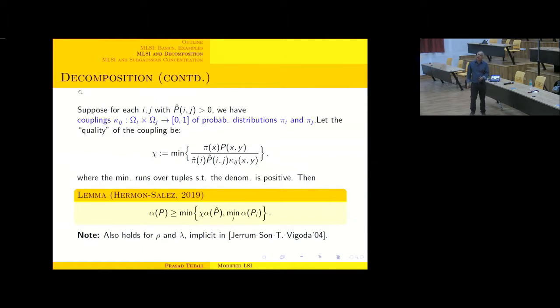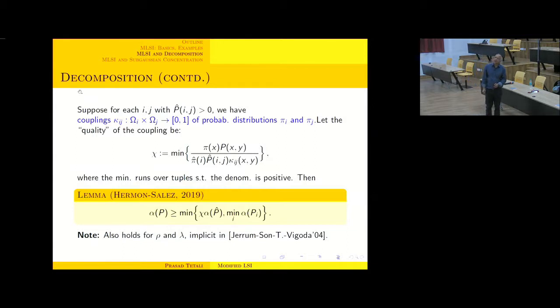Whatever it is, the theorem, or lemma, is that the entropy constant or modified log Sobolev constant of the original chain is the minimum of this fraction of projection versus the worst of the pieces. We did something like this for these two other constants, but in the end our theorem had a result that said alpha of p, or lambda of p, is at least the product of these two.